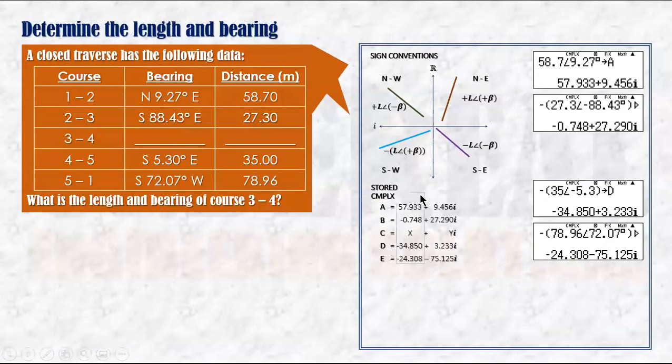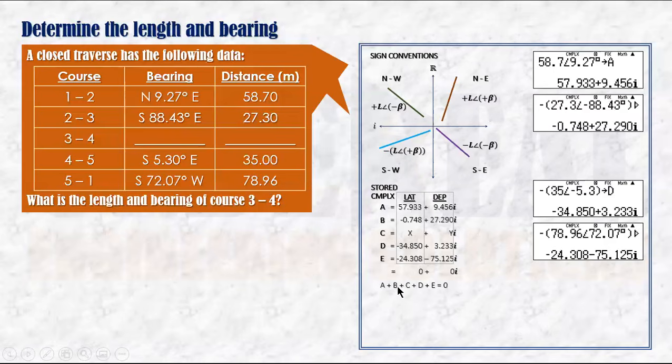The real part corresponds to the latitude, and the imaginary part corresponds to the departure. If we add these complex numbers, the result should be 0 plus 0i, or simply 0.